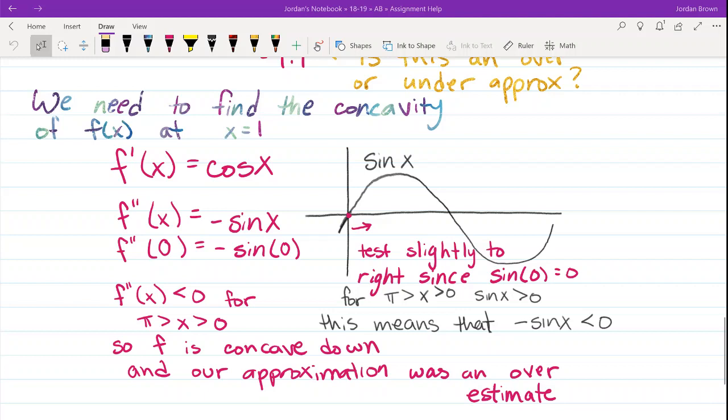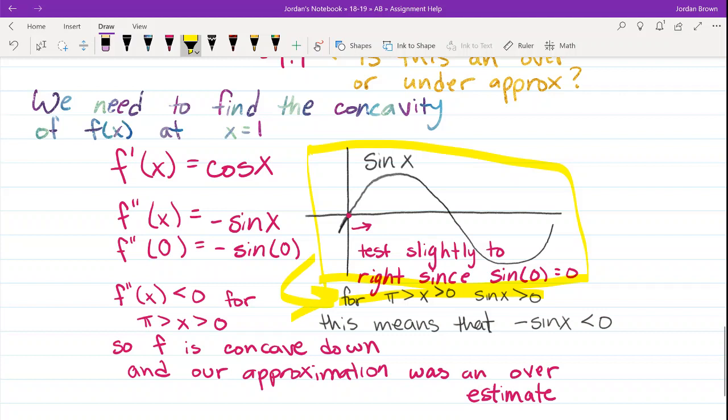Correct. We're not referencing this graph. The only thing we referenced the graph for was for figuring out this part. Okay, so the graph was only for this part.